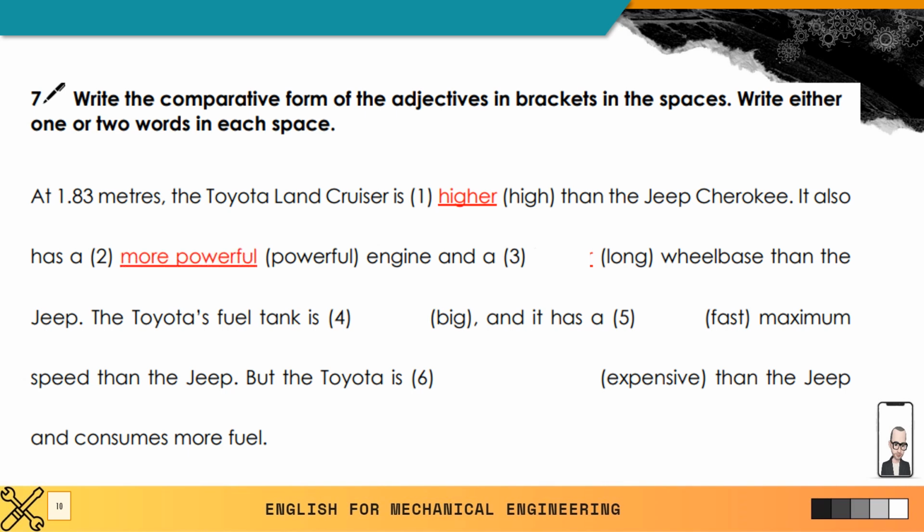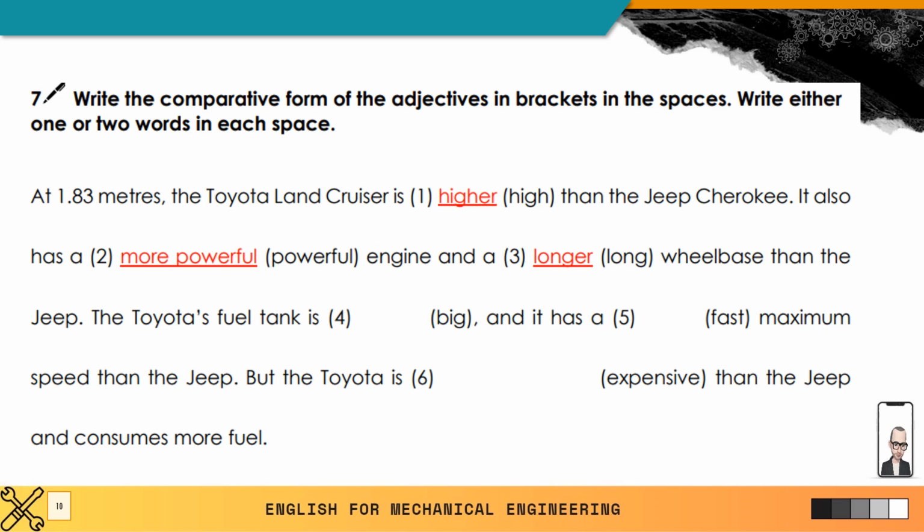It also has, oh, well, I really revealed it already, and powerful is a longer adjective, so powerful, 3 syllables or 3 parts. We will use more. It has a more powerful engine and a something wheelbase than the Jeep. So again, we are comparing it to the Jeep, longer wheelbase than the Jeep.